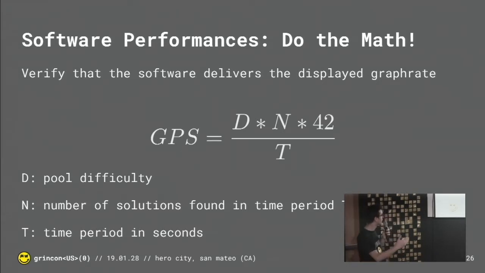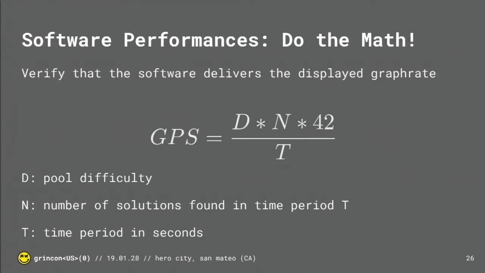So I'm just giving you a simple formula to compute your hash rate by yourself. You take the pool difficulty, you take the number of valid shares you submitted in the last hour, you multiply by 42, and you divide by the seconds in the last hour. It will give you your effective hash rate, based on the number of valid shares you submitted.